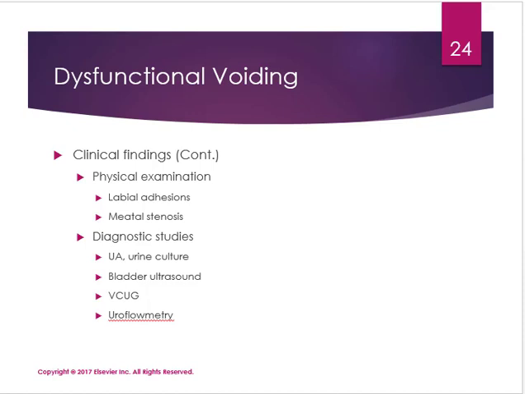You also may notice that a urologist or a pediatric urologist may order a uroflowmetry, which tests the amount of urine voided during urination and also measures the speed of the urination. It can help identify some causes of urinary difficulties.